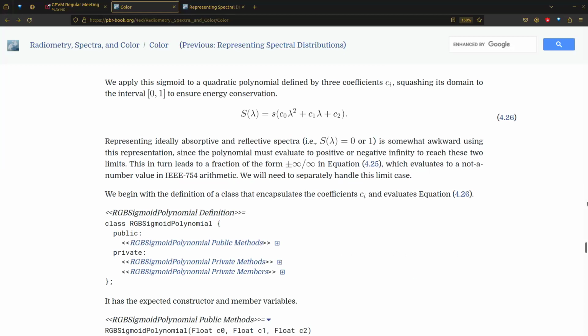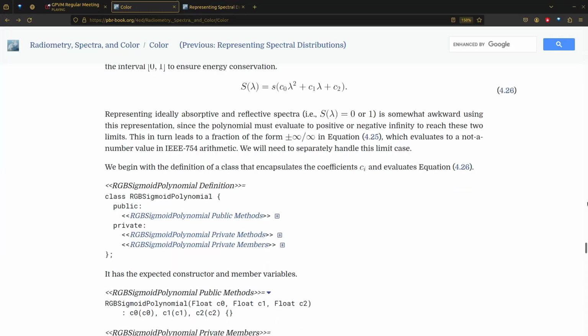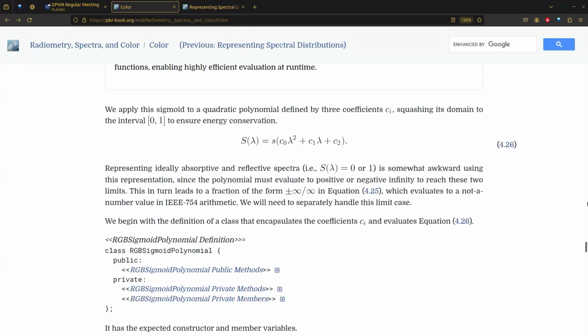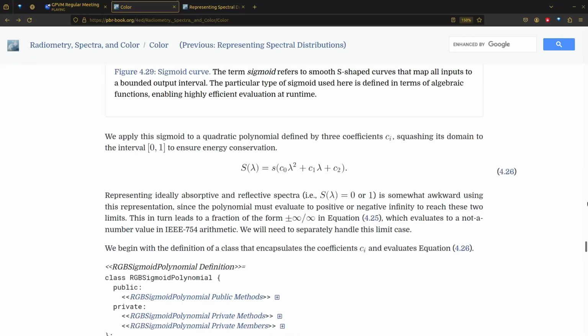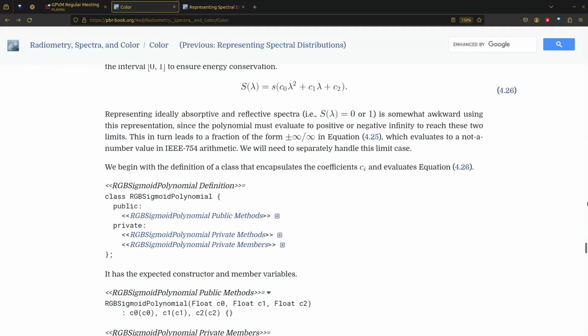Representing ideally absorptive or reflective spectra is somewhat awkward using this representation since the polynomial must evaluate to positive or negative infinity to reach those two limits.